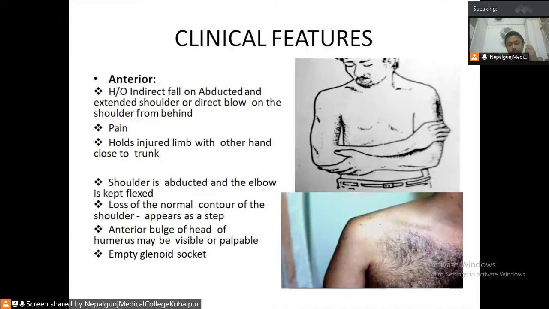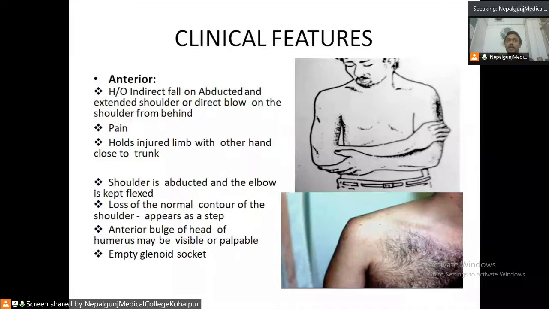So coming to the clinical features of a dislocation, starting with the anterior shoulder dislocation, there is a history of indirect fall on an abducted and extended shoulder, or a direct blow on the shoulder from behind. The limb is abducted, extended, and the patient falls.